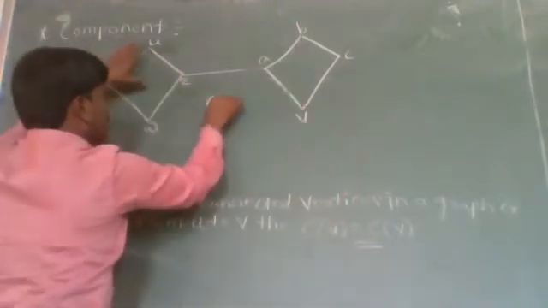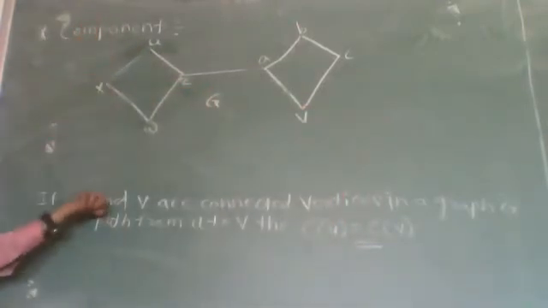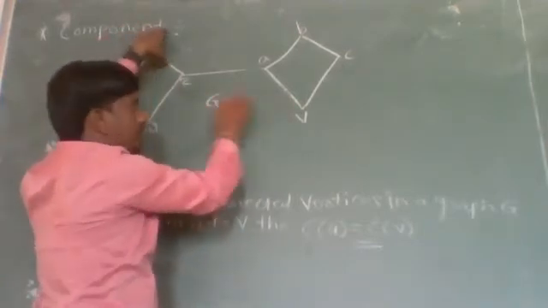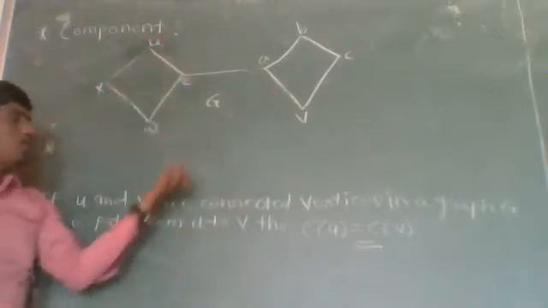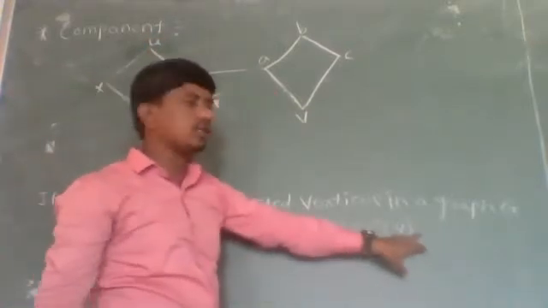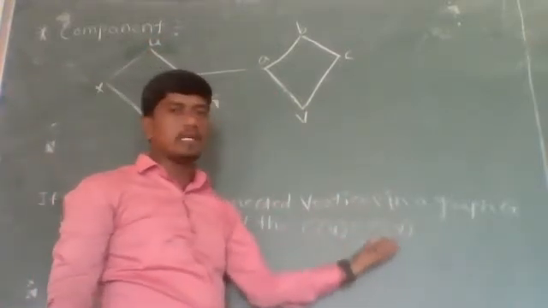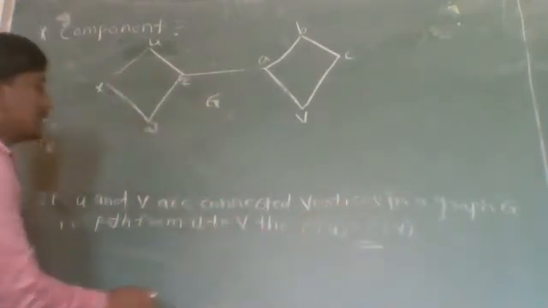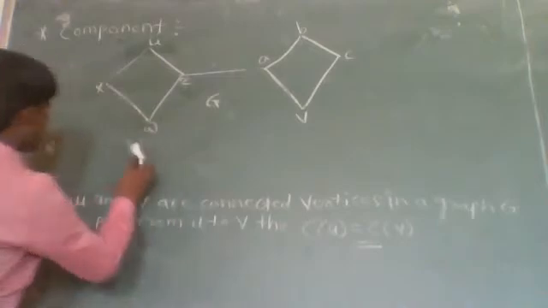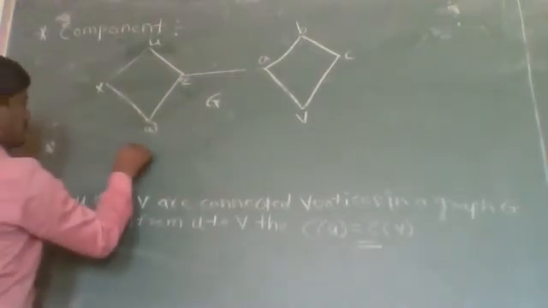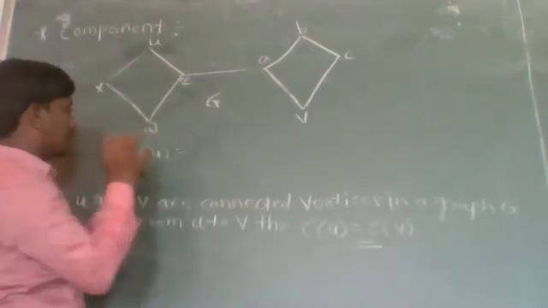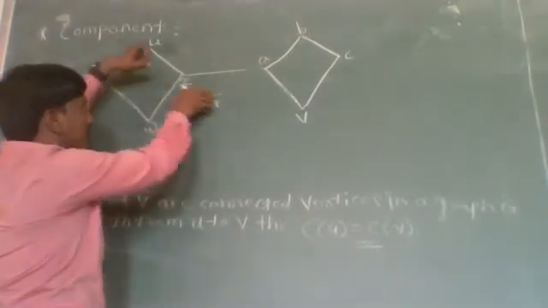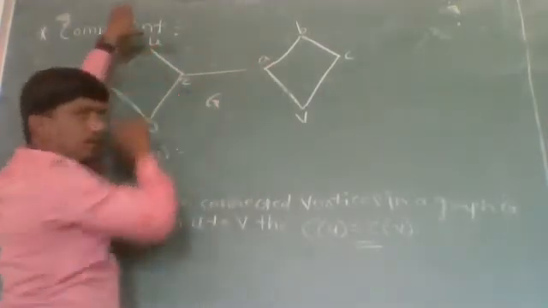So this one is the graph G. As there is a path joining vertices U and V, U and V are two connected vertices. Now we have to prove that C of U is equal to C of V. If we find C of U, it contains all those vertices which are connected to U. As this is a connected graph, each vertex of the graph G is connected to U.